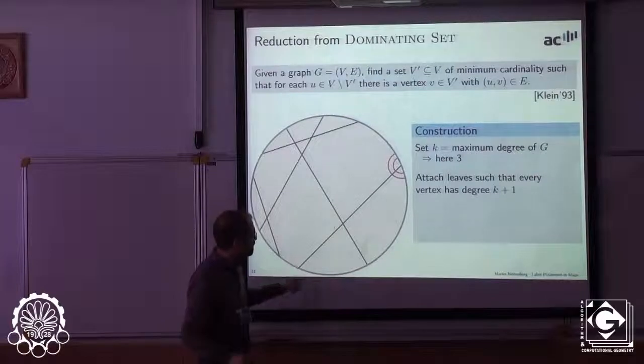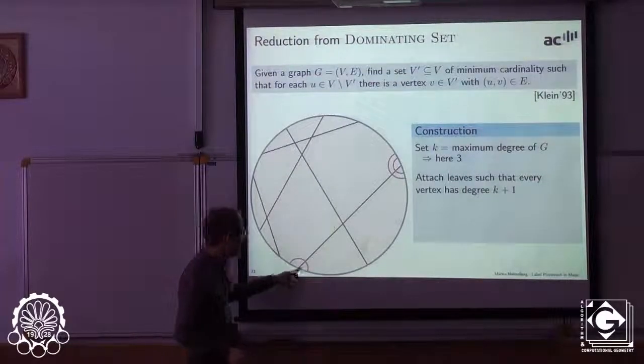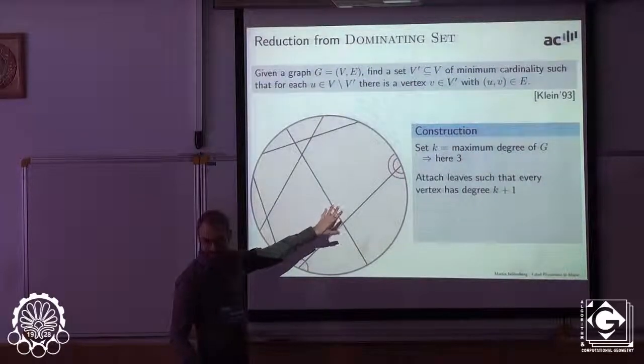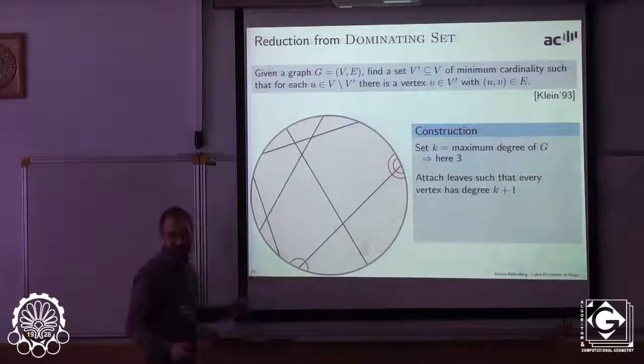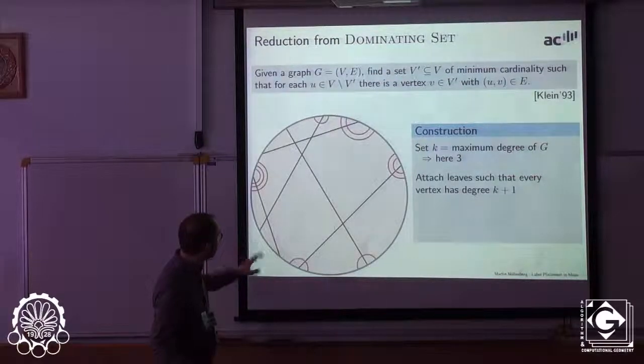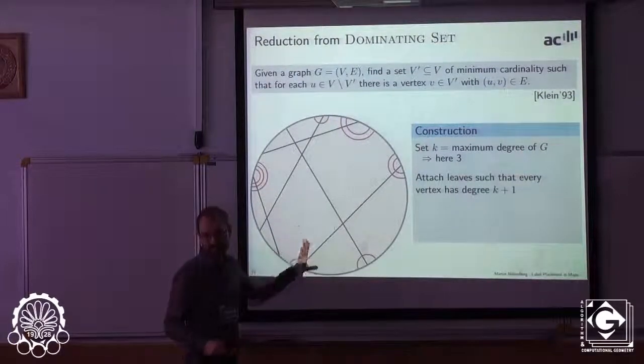You can simply attach leaves to that circle graph so that we make all the vertex degrees 4 in this example. This is an edge that had degree 1, so if we add 3 of the red edges as leaves of the graph, we have a degree 4 vertex in the interior. And you do that for all of them. This can easily be done in a circle graph fashion. So the graph that we construct here is still a circle graph.